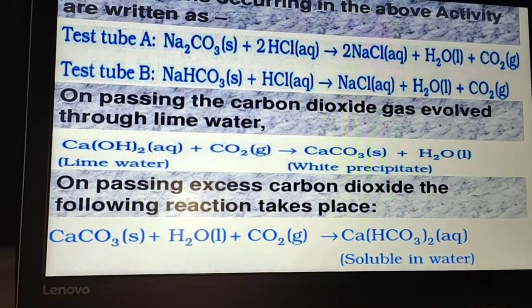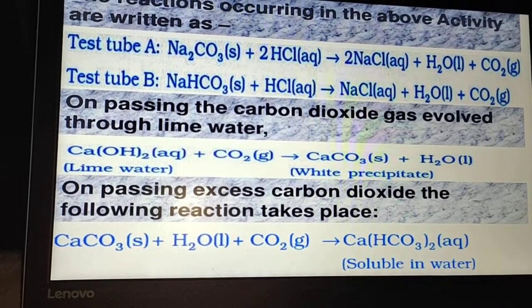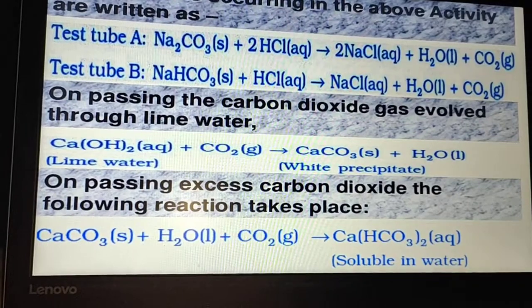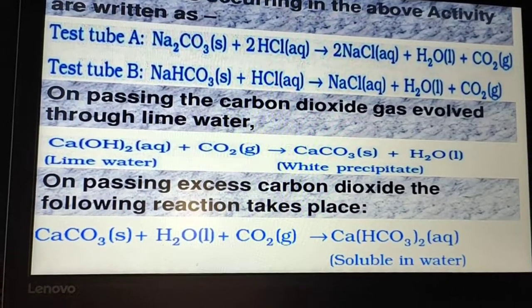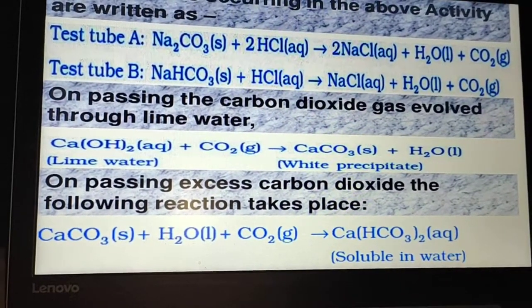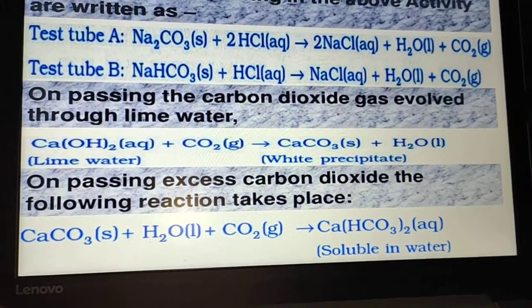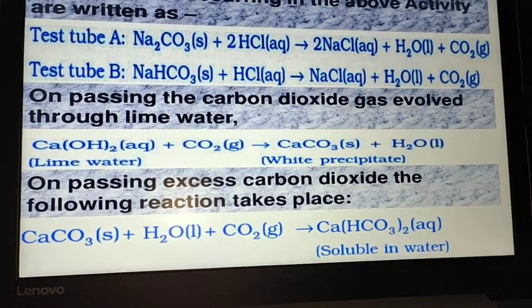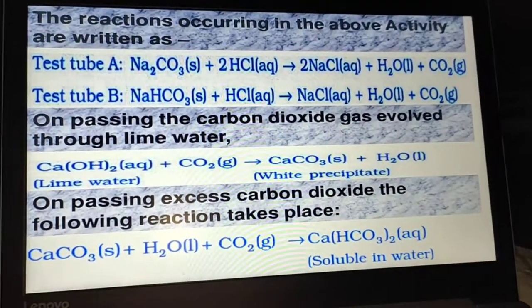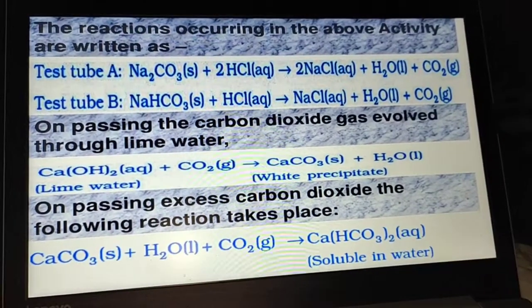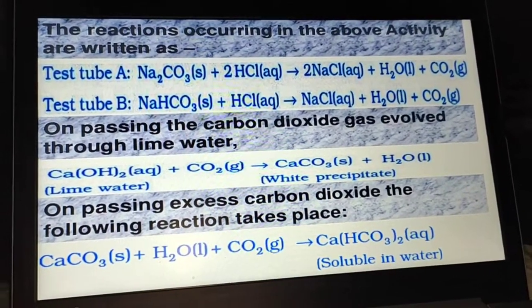CaCO3 plus H2O plus CO2 becomes calcium hydrogen carbonate, which is soluble in water. So if you want to detect the presence of CO2, you have to do these steps. This is again a very important concept because this is in your theory and practical as well.